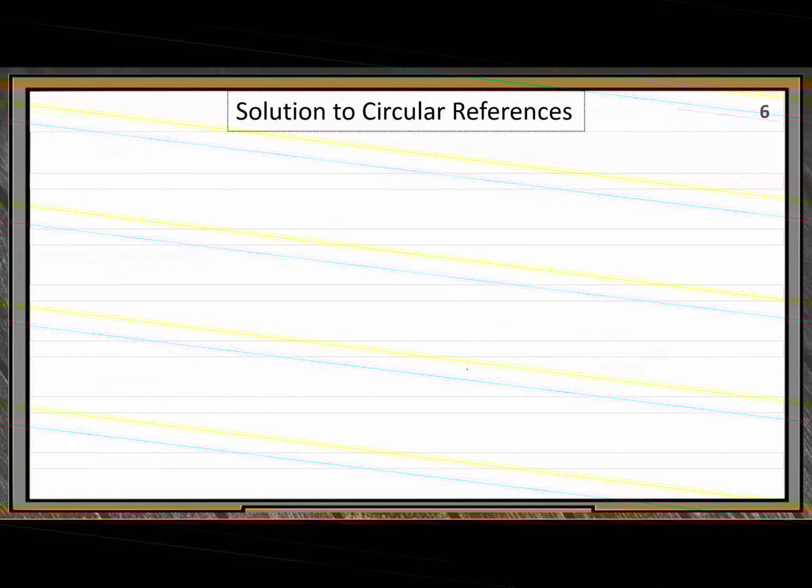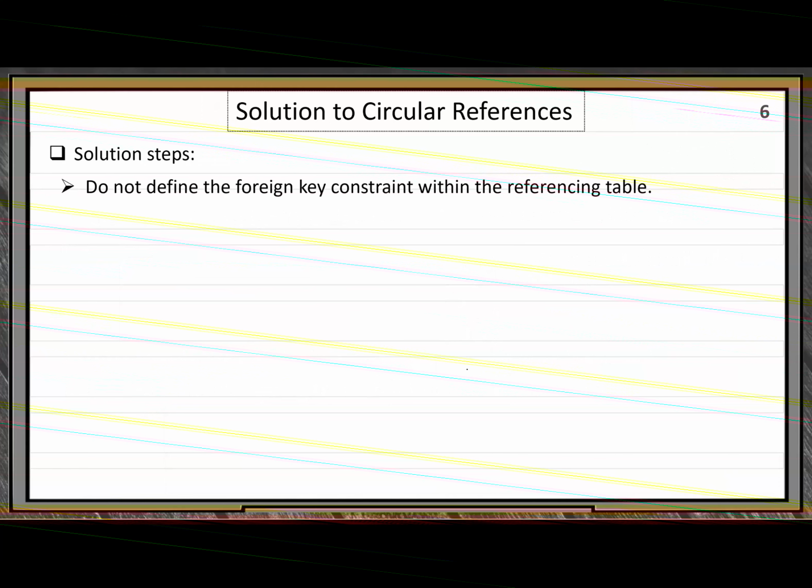Solution to circular references, the steps. First, do not define the foreign key constraint within the referencing table. Referencing, that's R1. So in R1, you do not do the foreign key constraint definition. Delay it. Then your R1 can be defined successfully.